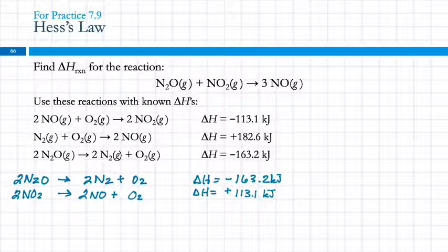And then I want NO on the product side. I've got NO on the product side, but I've also got N2 and O2, and I need those to just not be anywhere, right? And I can't just like subtract them. But here I've got this equation that's got N2 and O2 on one side and NO on the other side. And so if I put this one in here with nitrogen and oxygen as reactants, and then I have nitrogen and oxygen as products, I can get them to cancel out when I add these together.